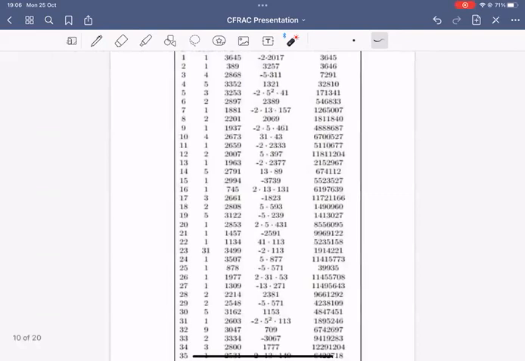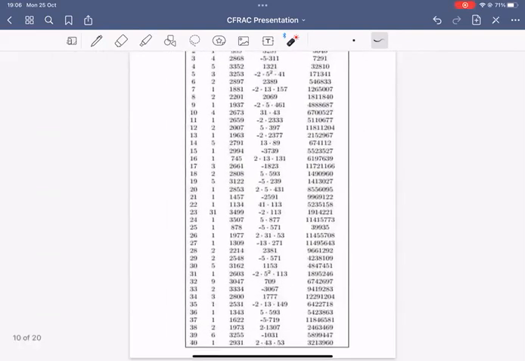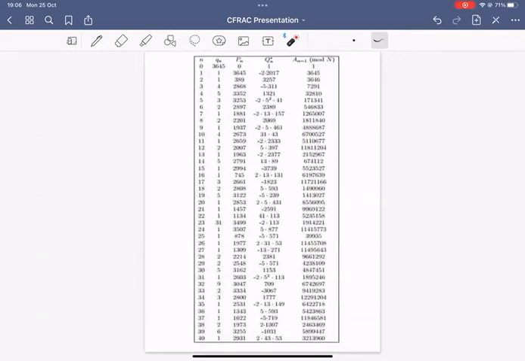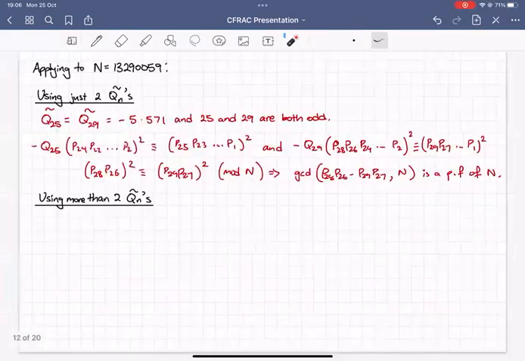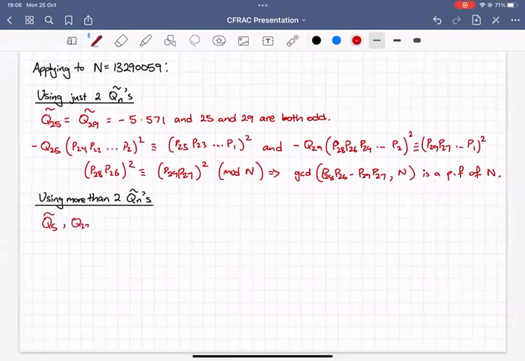I mean, there are other values that you can pick here. You can pick 10, 26, and 40. And I'll let you check that that is right. So we will use Q5, Q22, and Q23.